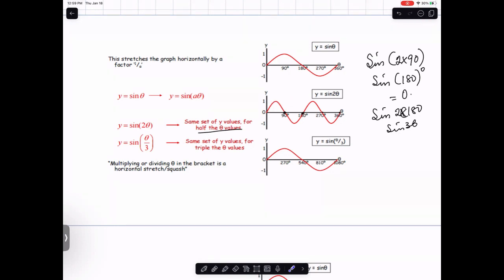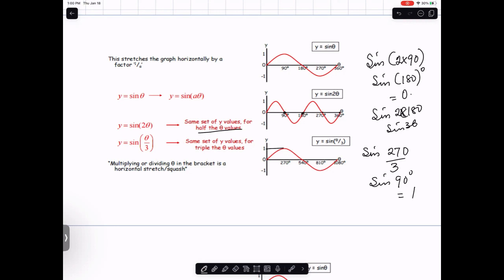Same thing when y equals sine theta over 3. That means for sine theta over 3, I have sine 270 by 3. So sine 270 by 3 gives us sine 90 degrees, which is equal to 1. So you can see your y value remains at 1 there. So nothing is going to happen to it.